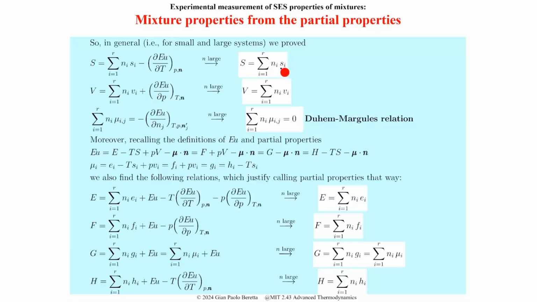There's the lower case with a single subscript. And then these partial properties can be related to the specific properties of pure substances if you add what we called the mixing property.